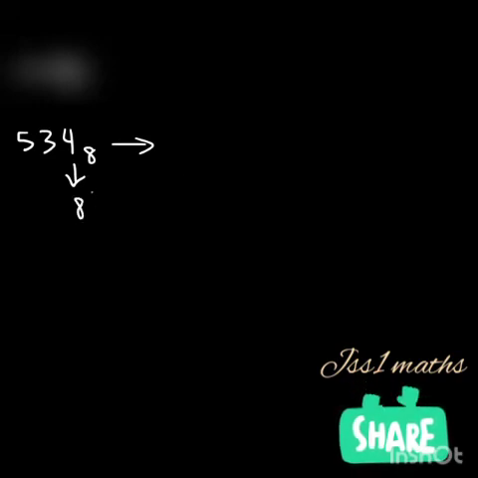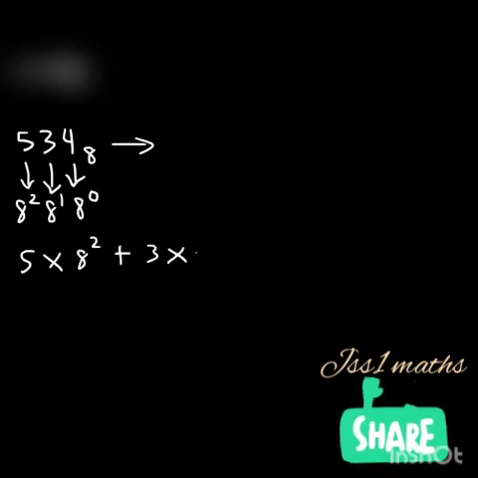But the pattern is going to be the same. So instead of 2 to the 0, we're going to multiply the first one by 8 to the 0, and then the second one by 8 to the first, and the third one by 8 squared. So it's going to be 5 times 8 squared plus 3 times 8 to the first power plus 4 times 8 to the 0 power.